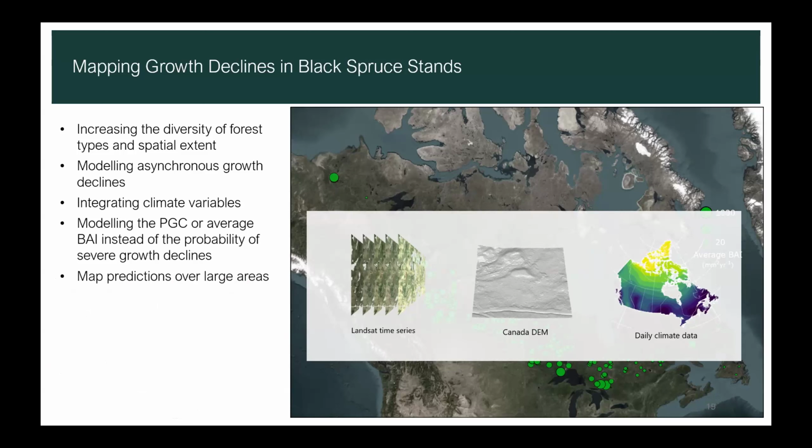And one of the big objectives of this project is also to be able to generate predictions over larger areas. If we want such a tool to be used in forest management or in forest monitoring systems, or even for silvicultural decision-making, we need to be able to provide information at a larger scale.